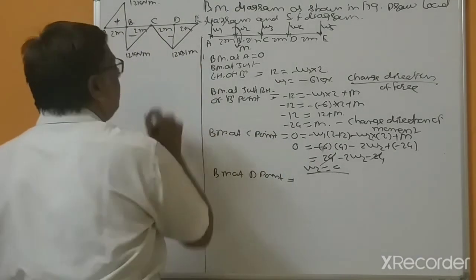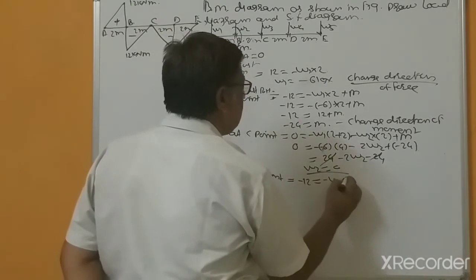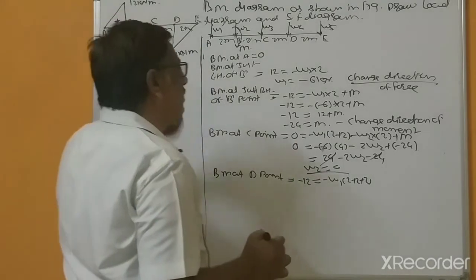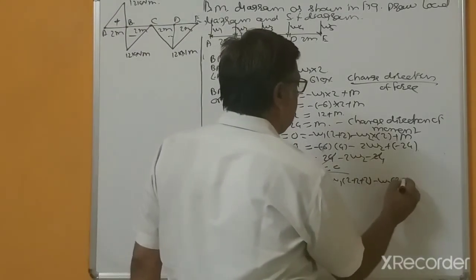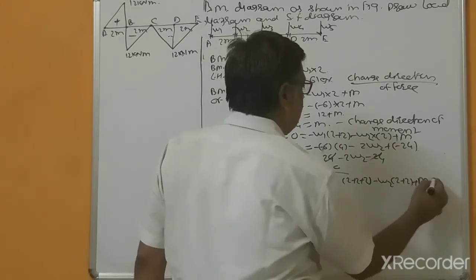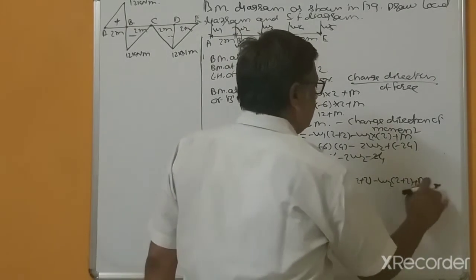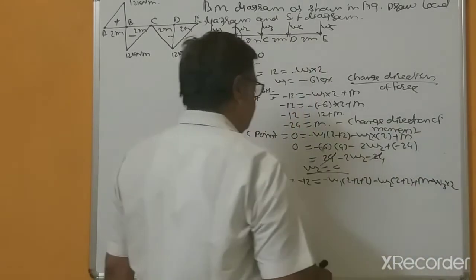Bending moment at D point is equal to minus 12 minus W1, increase distance 2 plus 2 plus 2, minus W2 2 plus 2, plus M, minus W3 into 2.